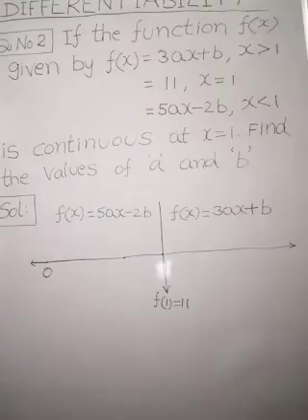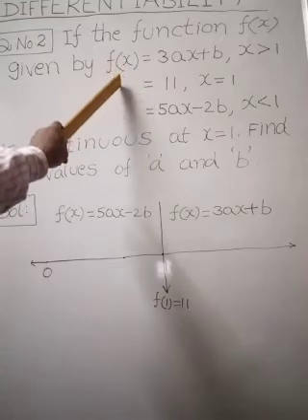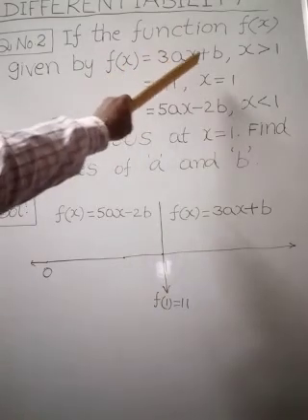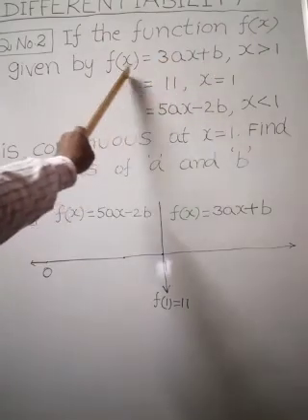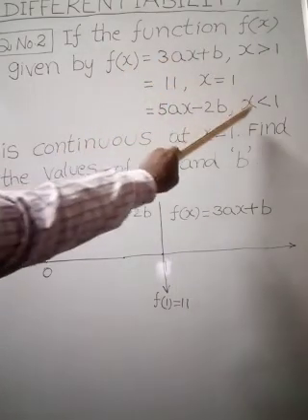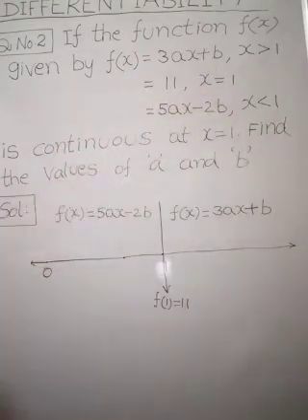Now come to question number 2 of this type 3. Means we have to find the values of constants in the given function when the function is continuous. See here, if the function f of x is given by f of x is equal to 3ax plus b, x greater than 1, f of x is equal to 1 when x is equal to 1, and if x is less than 1, f of x is equal to 5ax minus 2b.